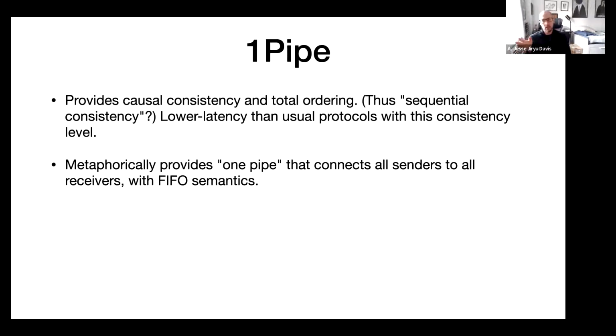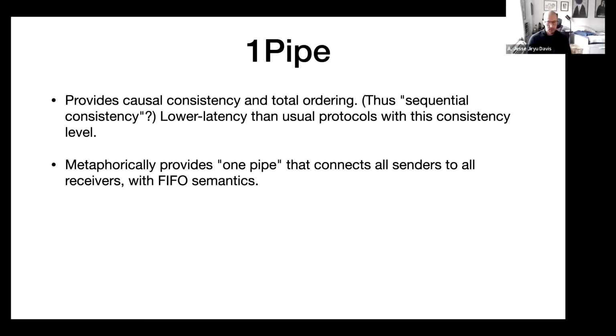So the application experience is like every message that you send just gets stuck into the beginning of a pipe that orders all of the other messages in the system, and then every message you receive also comes out of this one pipe. Obviously, the actual implementation uses all of the available paths through the network because one pipe would not actually be scalable.